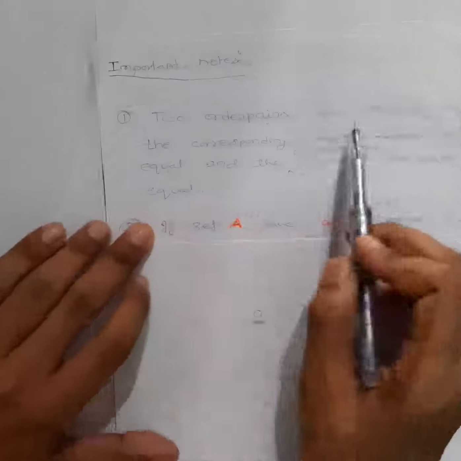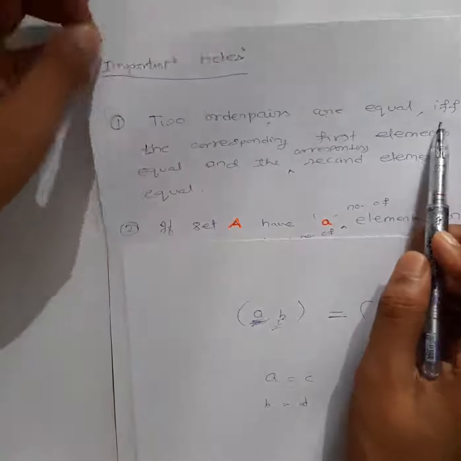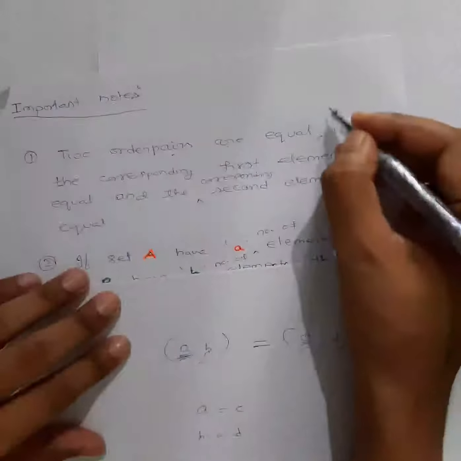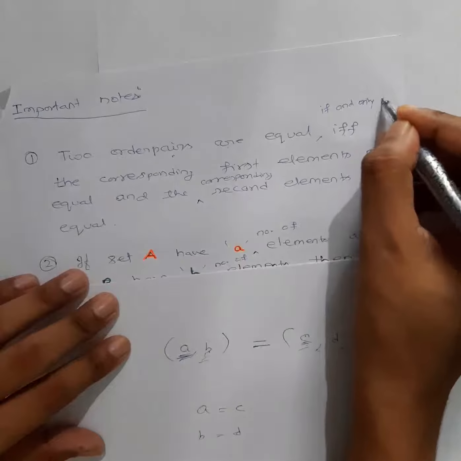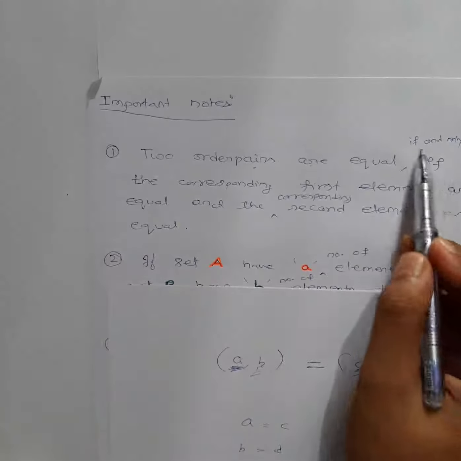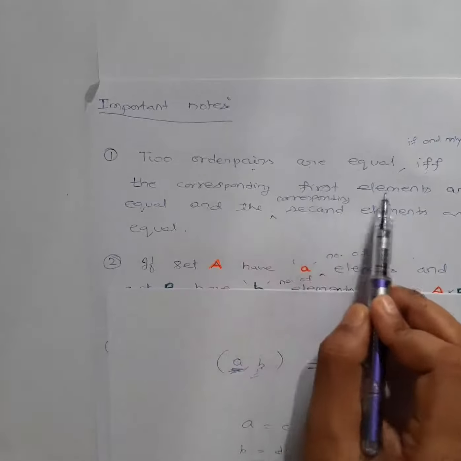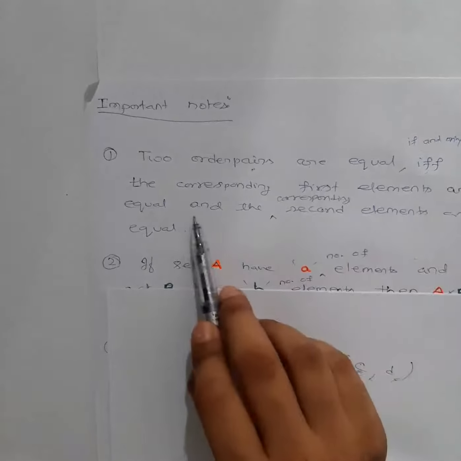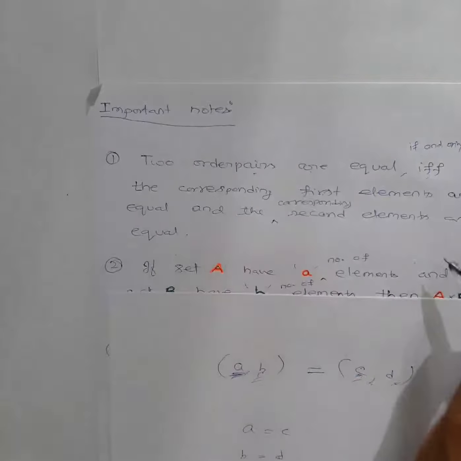Two ordered pairs are equal if, and this symbol means, if and only if. If you want, you can write like this also, if and only if. This is how we write IFF, if and only if the corresponding first elements are equal and the corresponding second elements are equal.